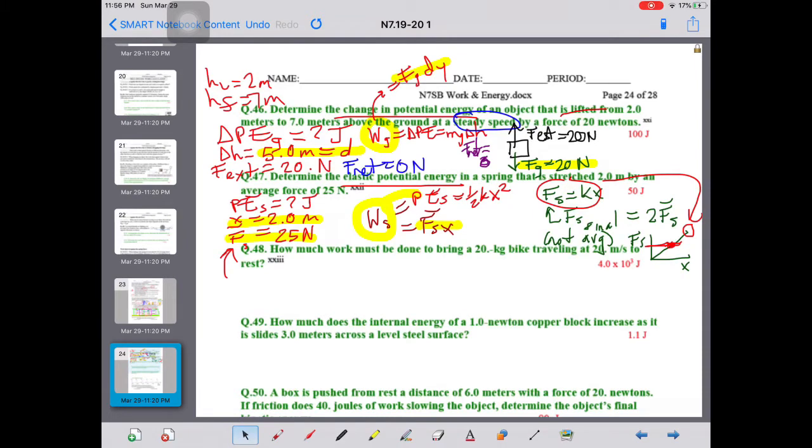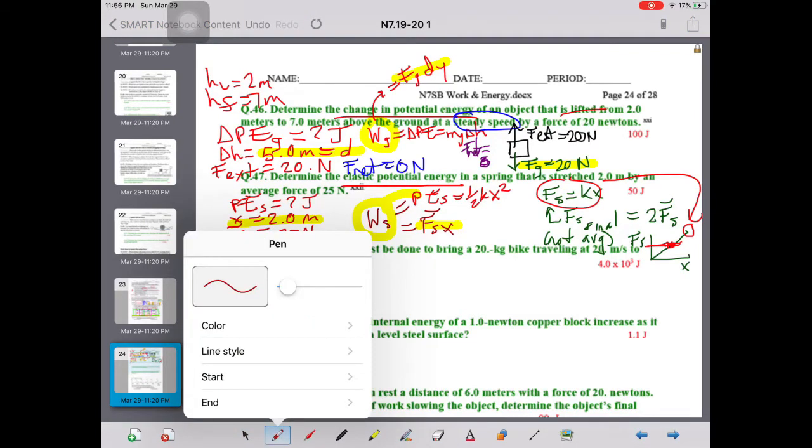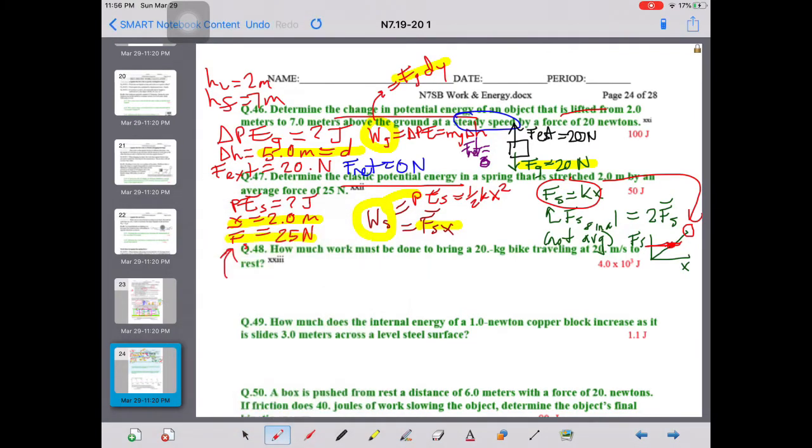Even 48 is another one like this, so I'm going to start to shorten up my explanation of them. Just give you a quick one-two on this business. How much work must be done to bring a bike to rest? So this is work done to accelerate, which, by the way, is the same thing as the net work. That's our question mark.